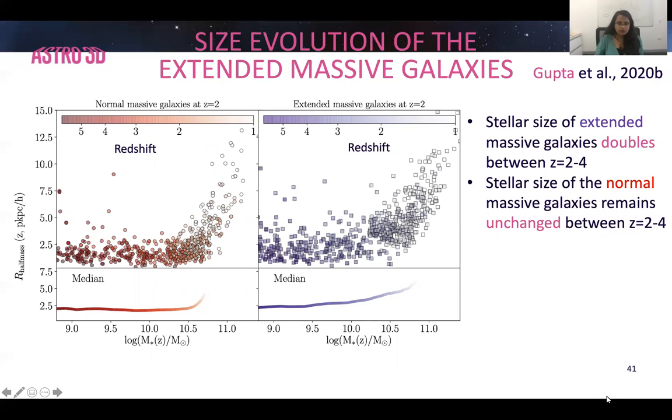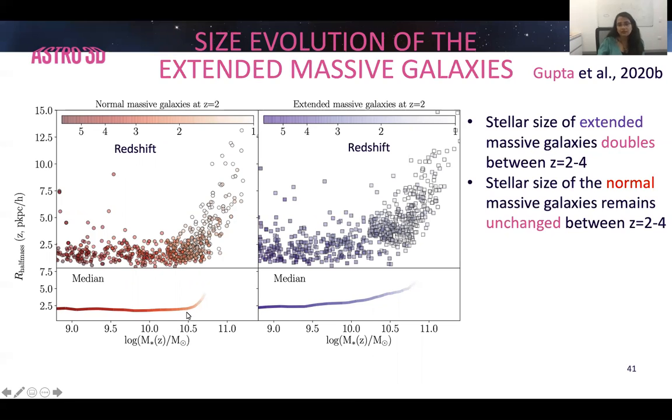So what this plot shows is that extended massive galaxies, as they are evolving on this size-mass plane, have sizes that are increasing. As they are building their stellar mass, their stellar sizes are increasing monotonically, right? But for the normal massive galaxies, as they are growing in their stellar mass, their stellar sizes are hardly changing, at least between redshift of 2 to 4.